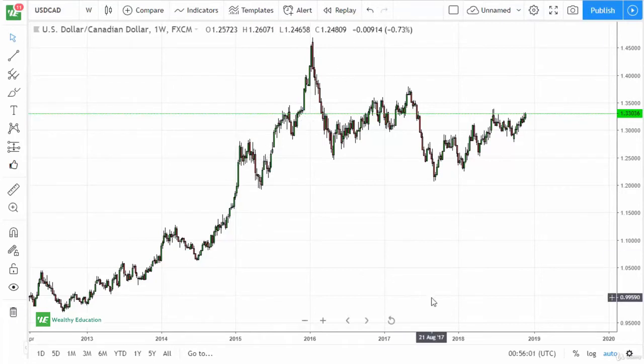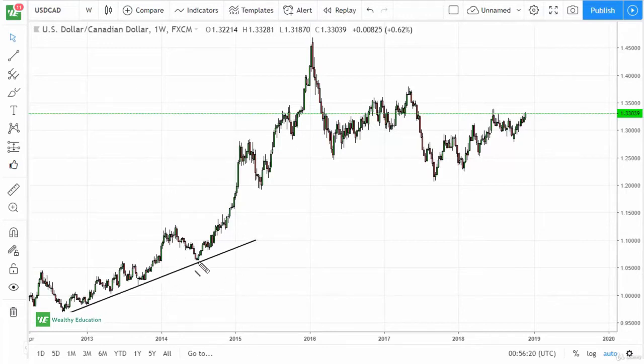Now, the problem with trends is that people will use multiple time frames to define the trend because, why? This is a weekly chart of the dollar CAD, and you can see that we were in an uptrend. Now, we had pulled back a little bit here, but on the weekly chart, this is merely a correction. I mean, you could see that there is still an argument to be made for trend lines being part of the chart.